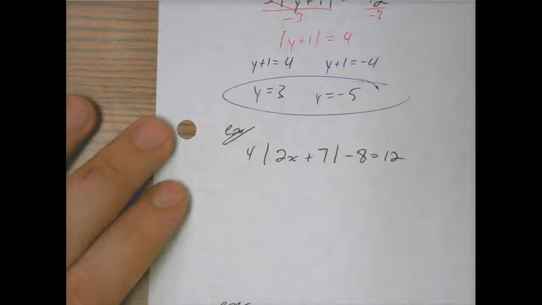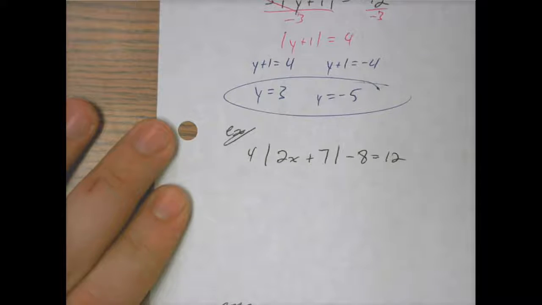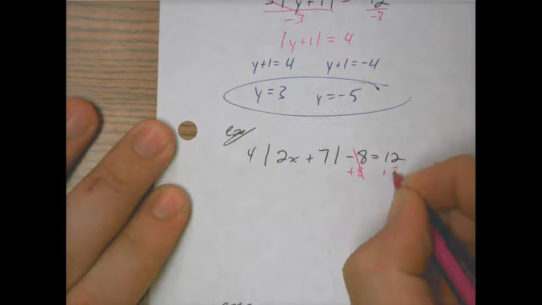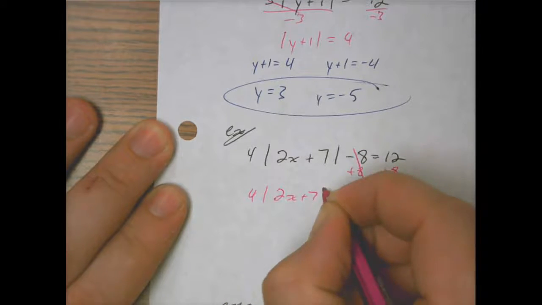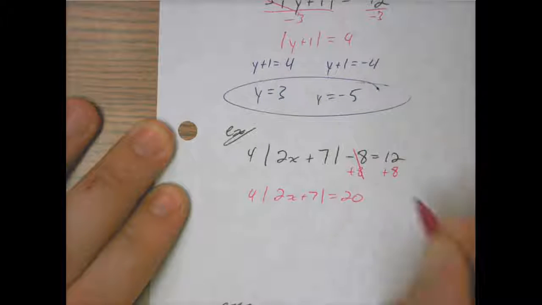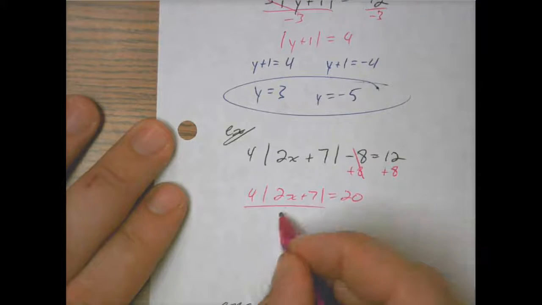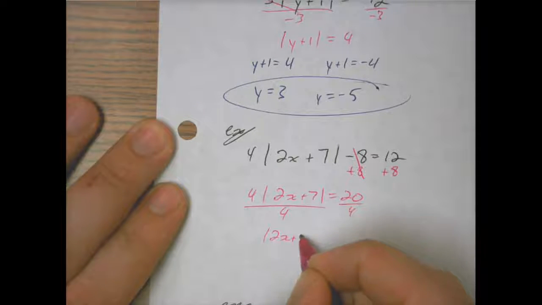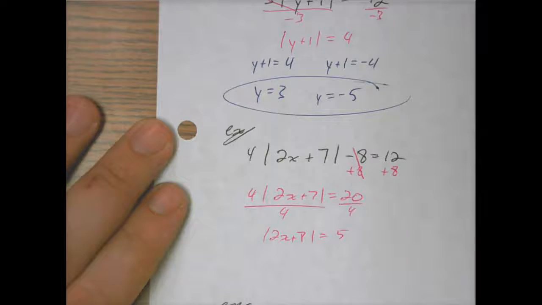Another one, same idea, except I have more stuff that's keeping me from having the absolute value by itself. So the first thing I want to do is add this 8 to the other side. So I have 4 times the absolute value of 2x plus 7 equals 20. Now my 4 is stopping me from having the absolute value by itself, so divide by 4, divide by 4. We have the absolute value of 2x plus 7 equals 5.